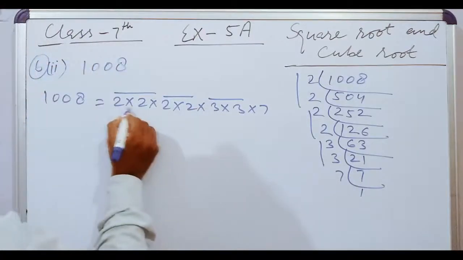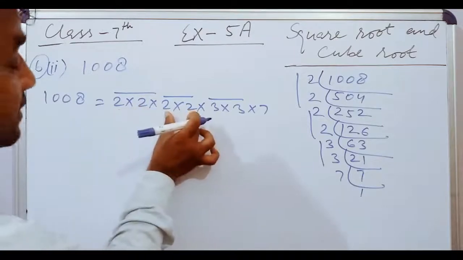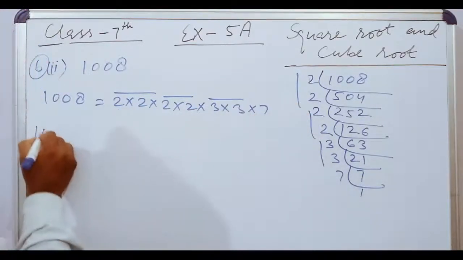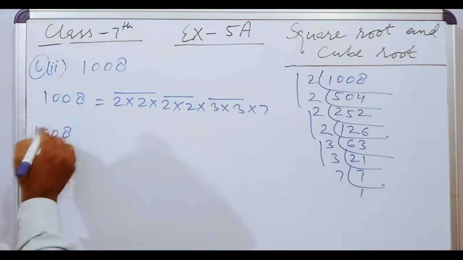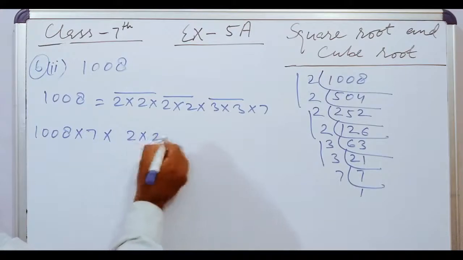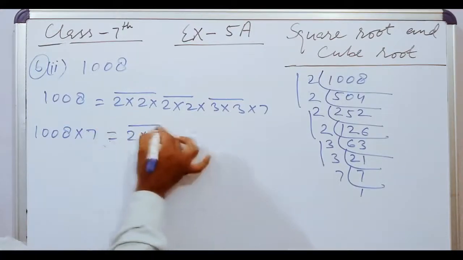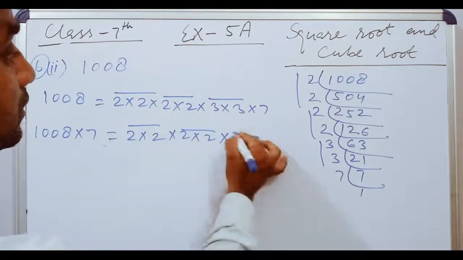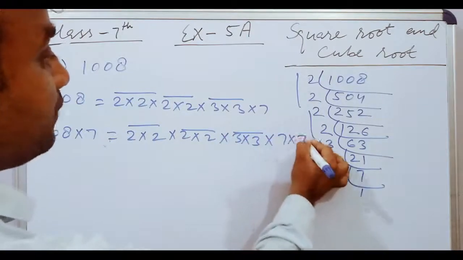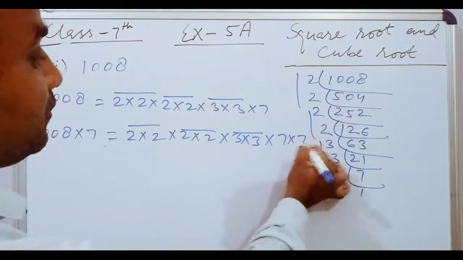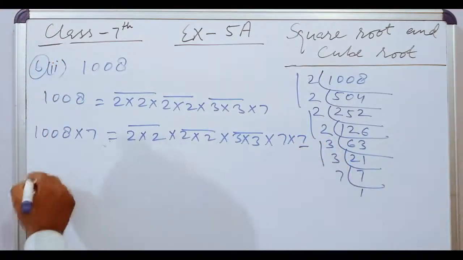So see, this is in square form, this is in square form, but 7 is not in square form. So we will multiply by 7. So 2 into 2, 2 into 2, 3 into 3, and 7 into 7. So by 7 we will multiply.